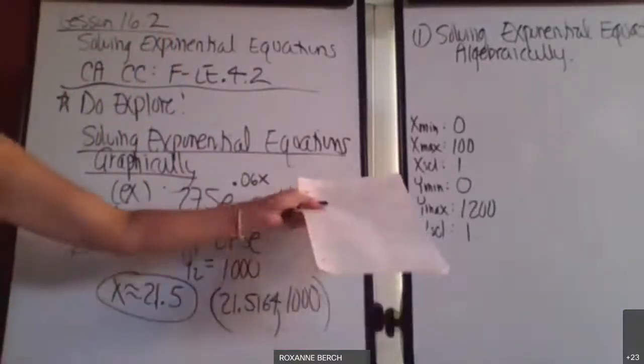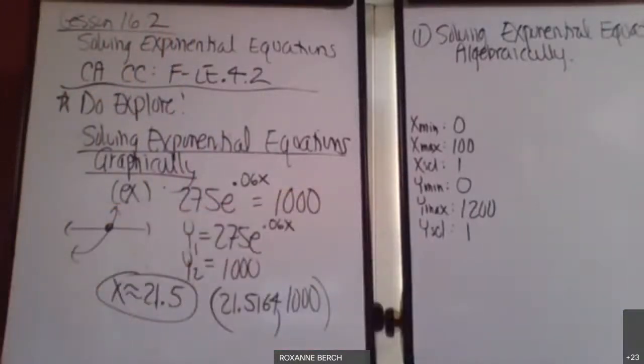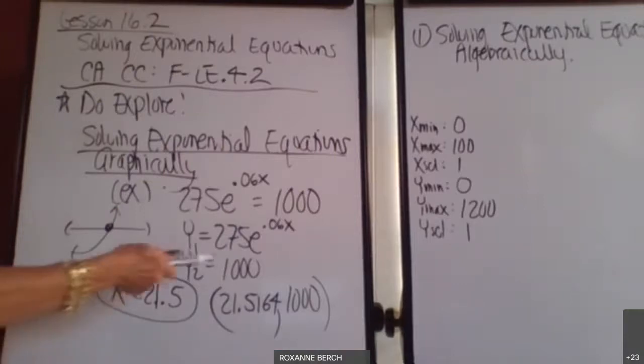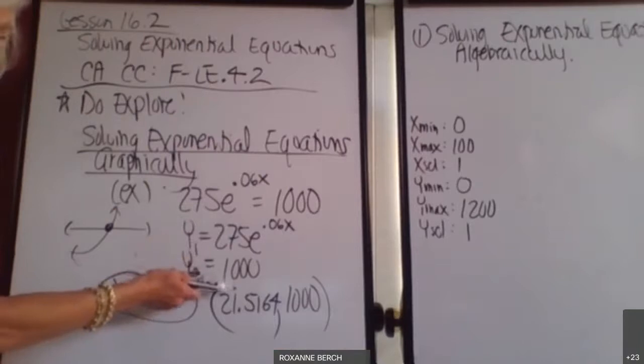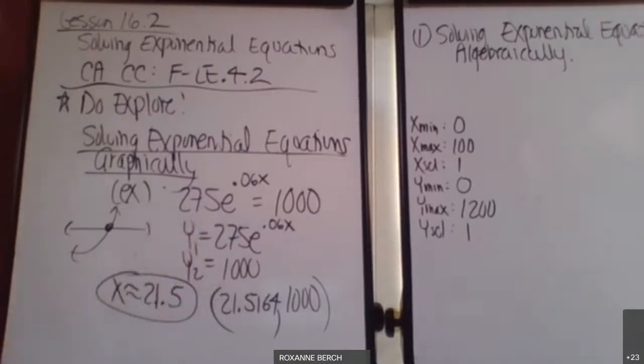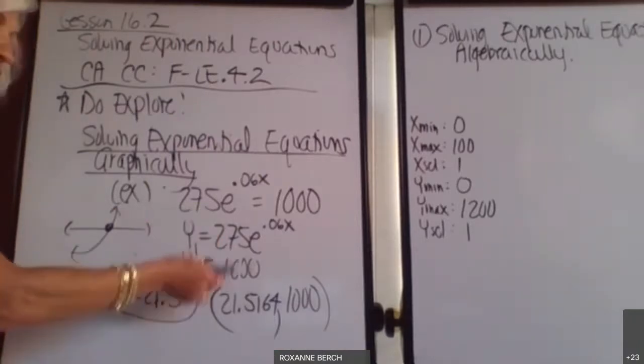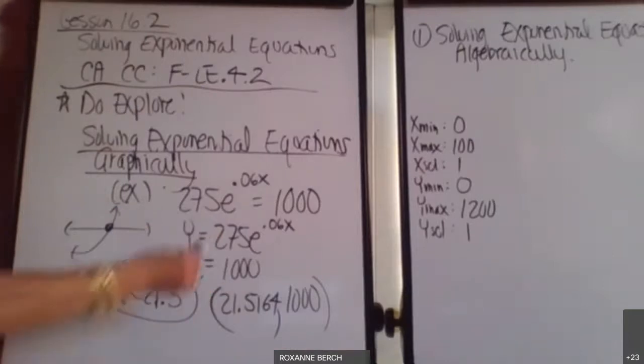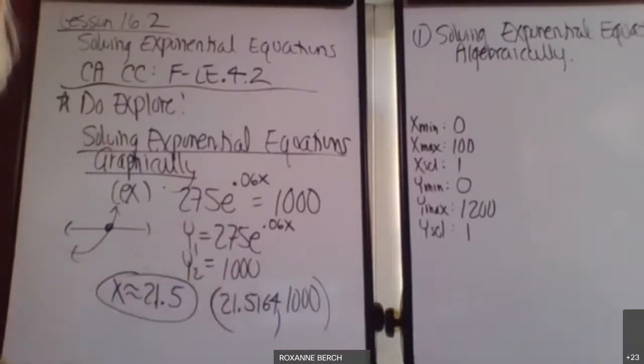So there isn't a right or wrong answer for that. You've got to come up with the window setting to capture the point of intersection. So one thing you know for sure, that this is a horizontal line, so you have to capture 1,000. So you can go from 500 to 1,500, but you got to capture 1,000. So you have to have something lower and higher to capture that horizontal line.